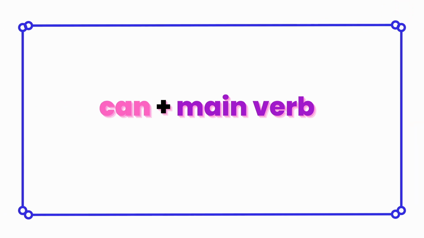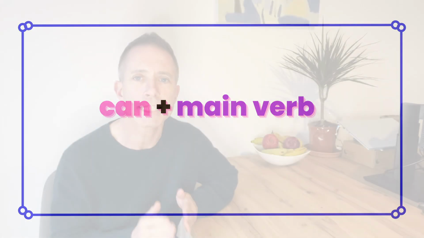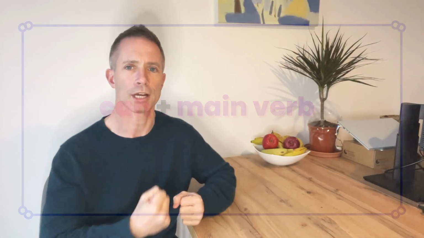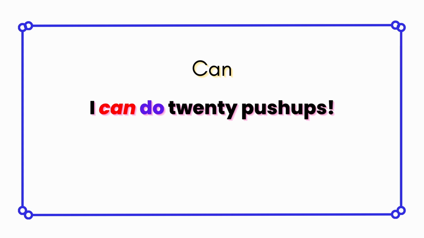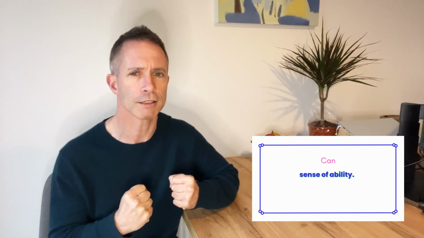The modal verb can is placed before the main verb to help us understand a person's ability, like this. I can do 20 push-ups. Now, can gives us a great sense of ability.